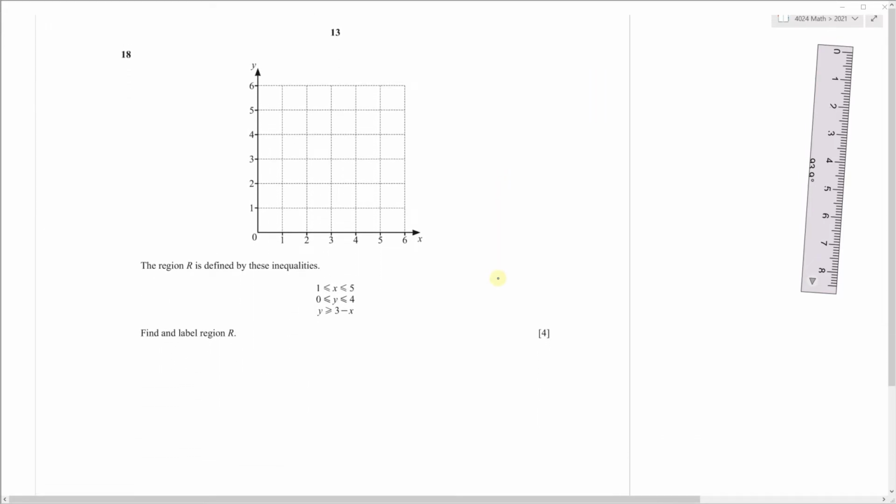Question number 18: the region R is defined by these inequalities. Find and label region R. So first we need to draw the lines from these inequalities. So let's start with the first one. X is greater than or equal to 1. So x equals 1 is this line here.